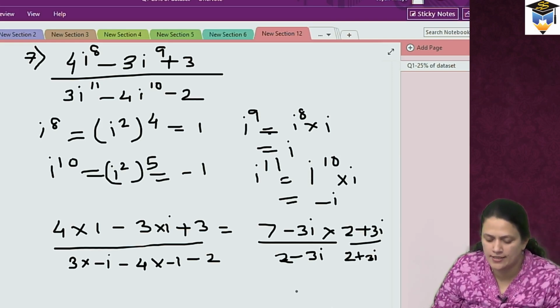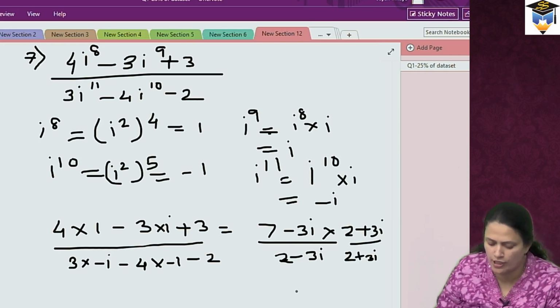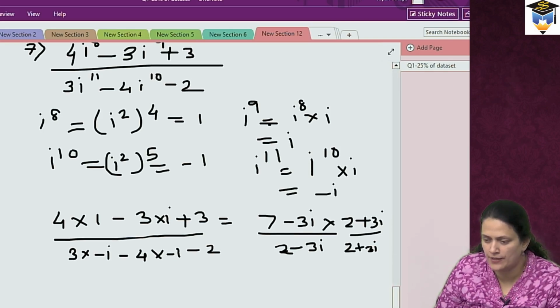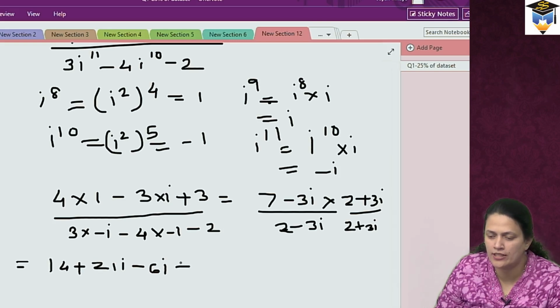So the answer is going to be, tell me the answer. Come on, I am waiting for your answer. Each and everything won't be solved by me. First, multiply the numerator part. So minus 9i square, it is going to be plus 9.